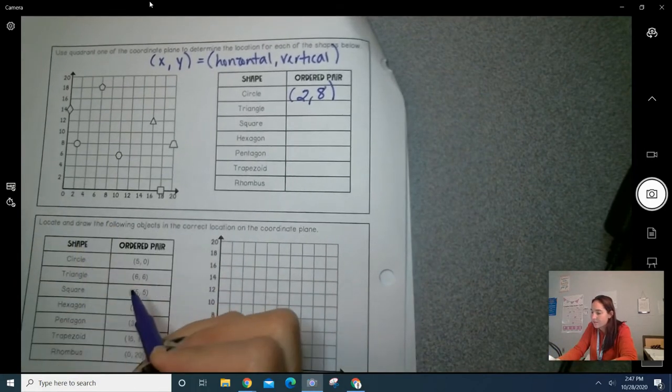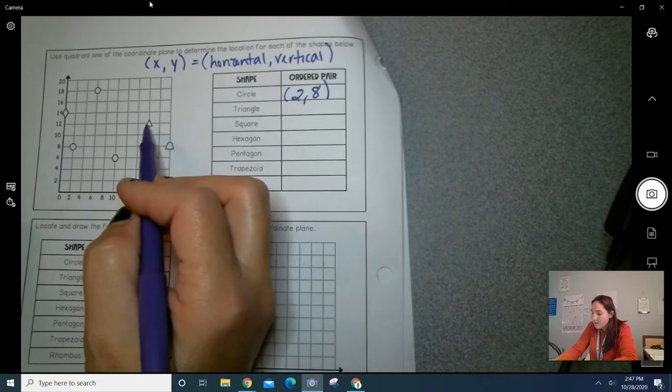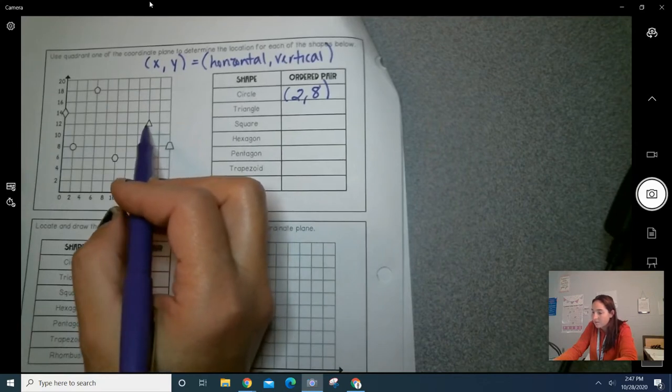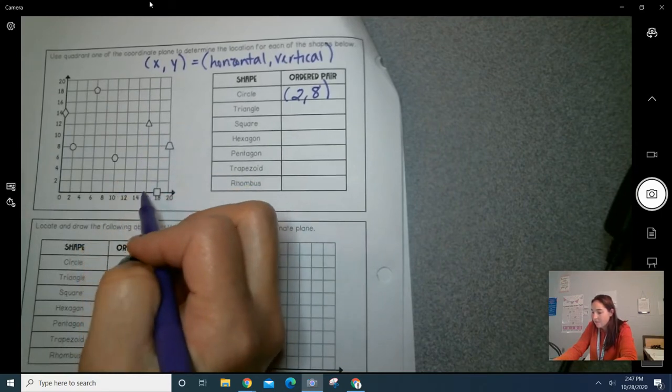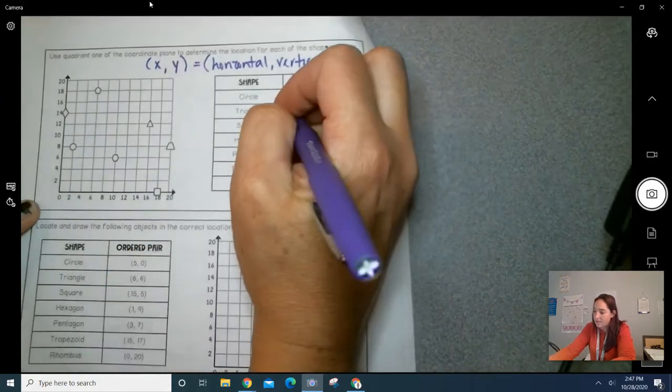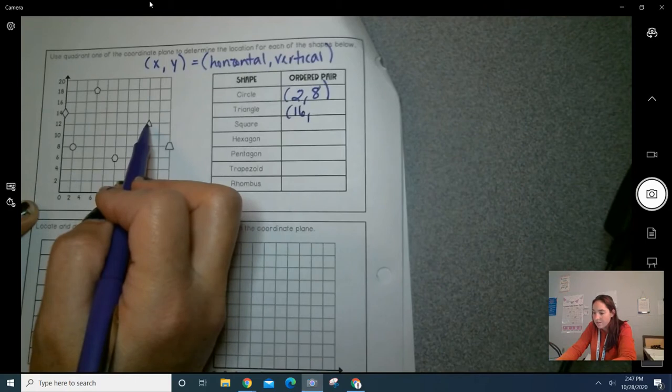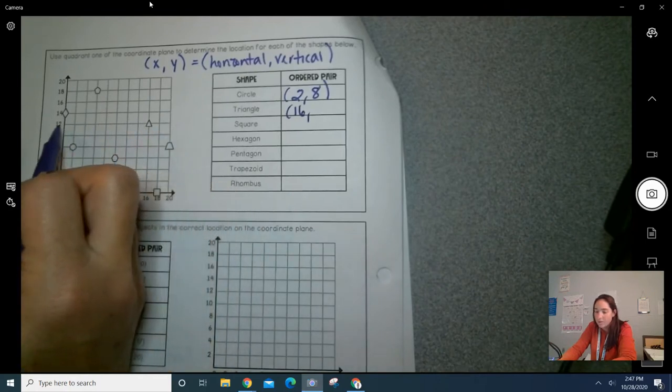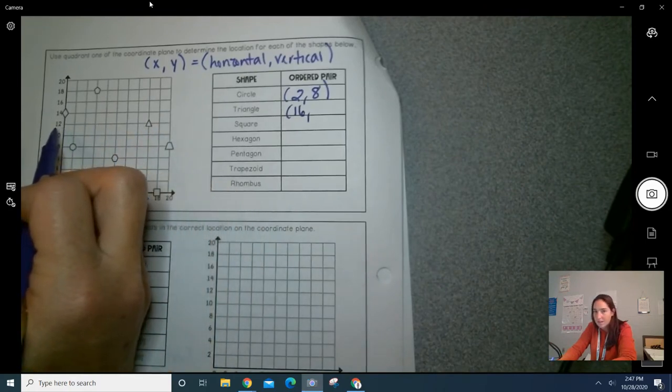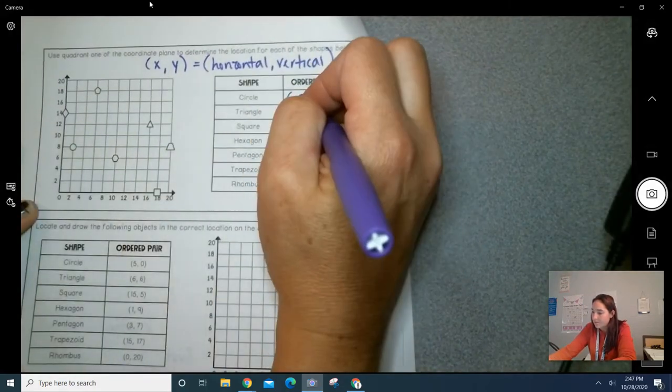All right, so now let's look at the triangle. The triangle for the horizontal axis, if we follow that down, we end up at 16. So that's the first number. And then we follow the triangle over to the vertical axis, and that takes us to 12. So the ordered pair for the triangle is 16, 12.